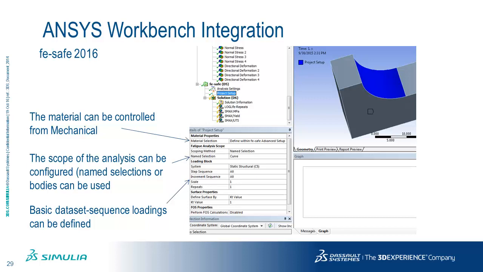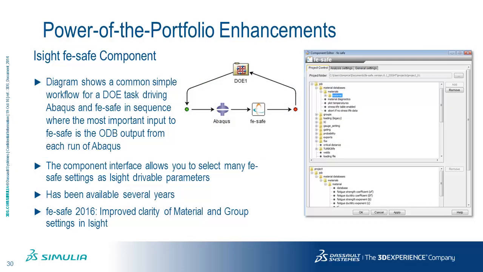Of course, the key thing is we only do the data set sequence style. So your ANSYS FEA would be a sequence of data sets, and you refer to those. It only deals with a single block, so as you can see, it's a simplified workflow.